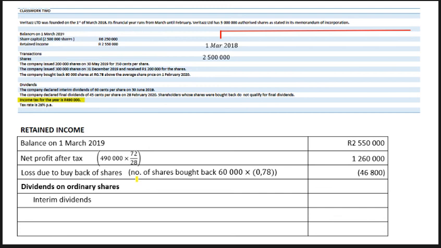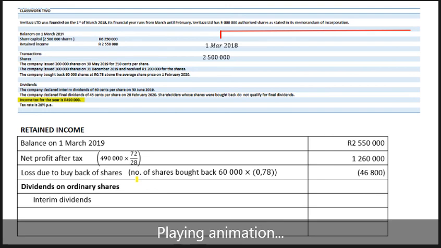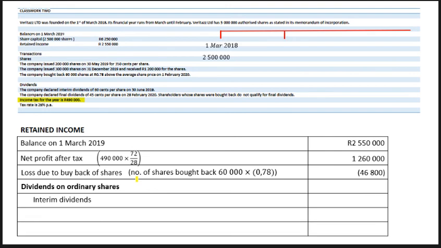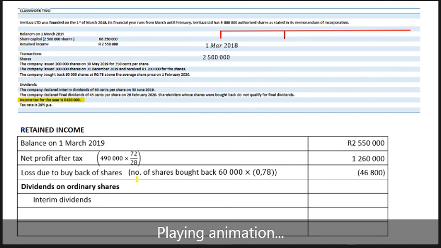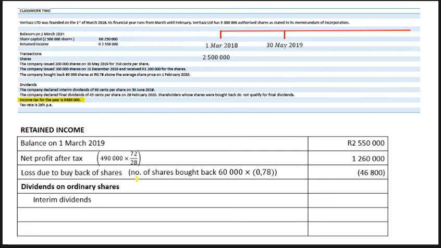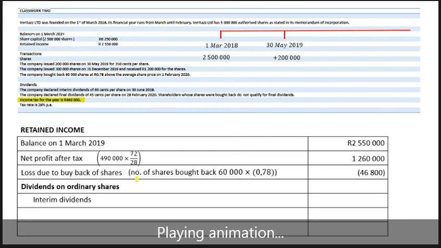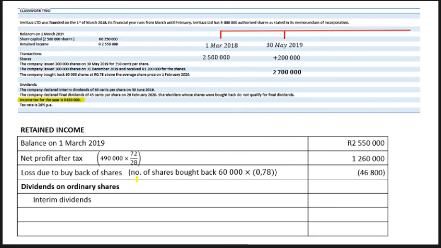What's next? 30th of May, we issued more shares, right? And we issued 200,000 shares. How many shares have we issued in total on the 30th of May? We have issued 2,700,000 shares.